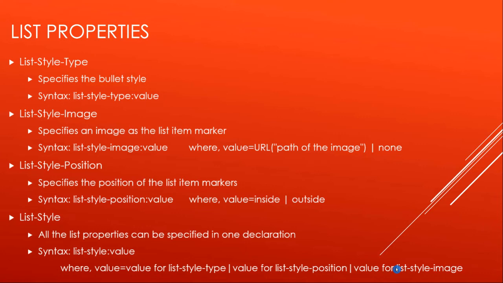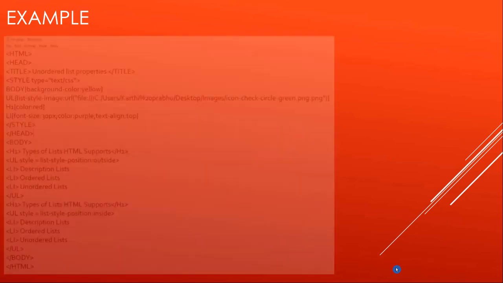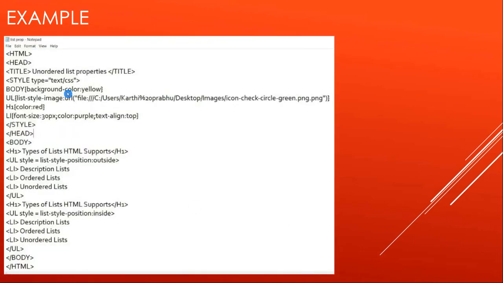Now I'm going to show you an example for these list properties all in one. All these things will be listed in a single program. You can check here, UL, unordered list. I've given the list style image. I've given the path after URL, just the path of my image. All other things are the same.